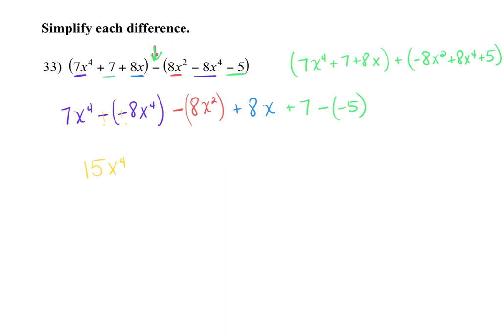That minus 8x squared does not combine with anything, so it just stays minus 8x squared. The plus 8x also does not combine with anything, so I have plus 8x. And then I have 7 minus a negative 5, once again plus a positive 5.